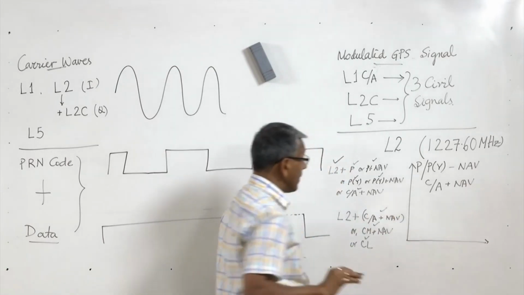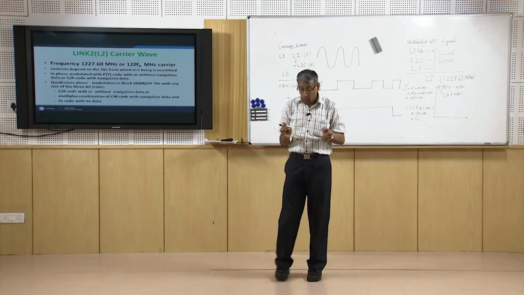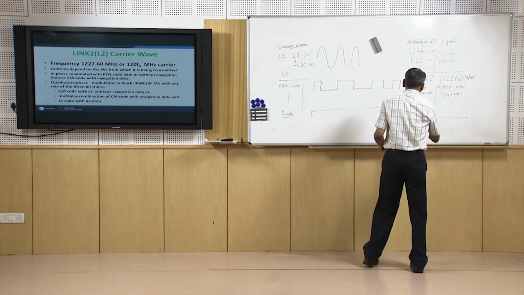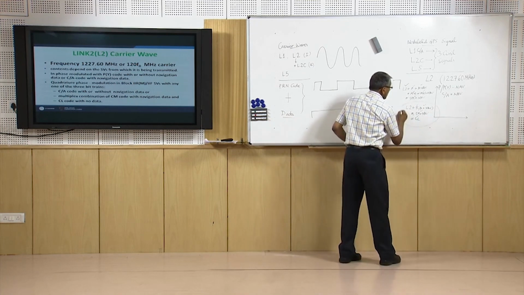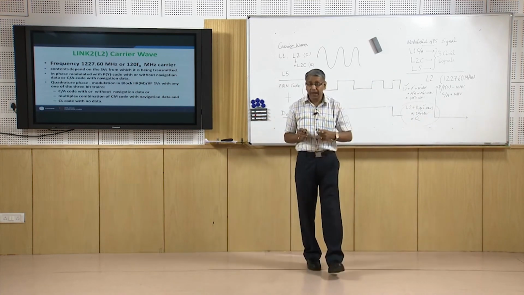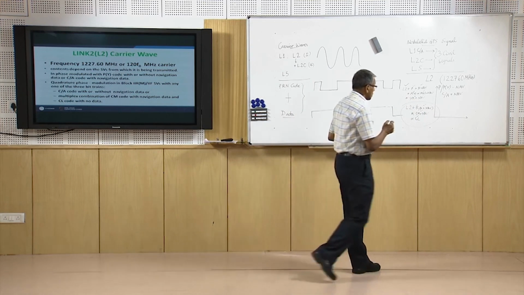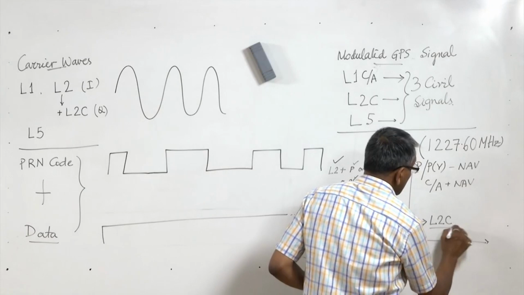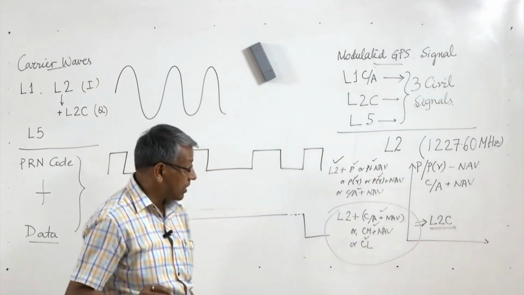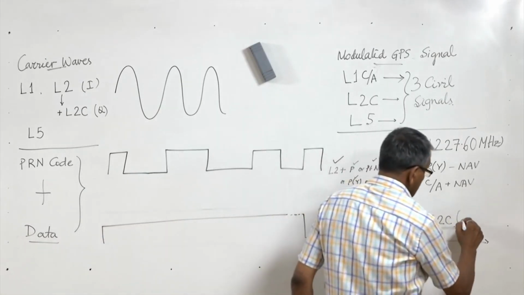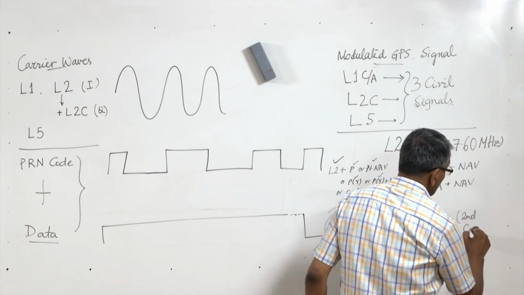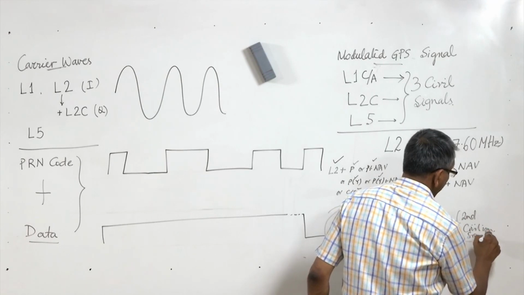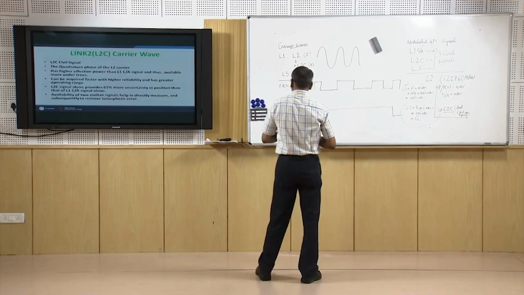Out of these three, only one type will be available. Now this part of the L2 signal is also known as the L2C signal, which is called the second civilian signal.